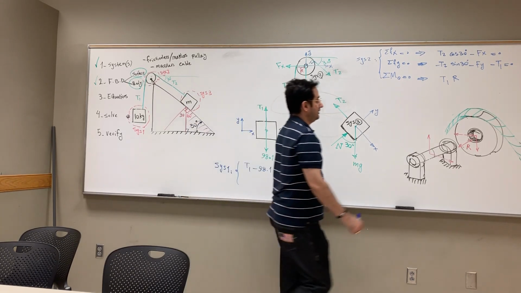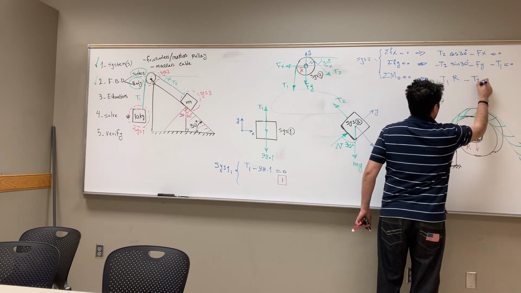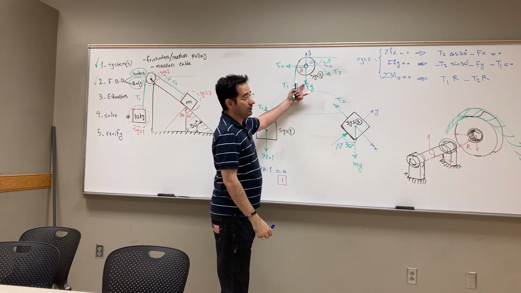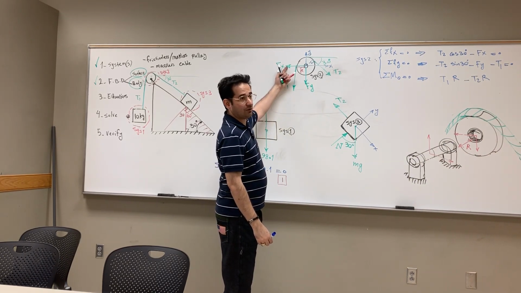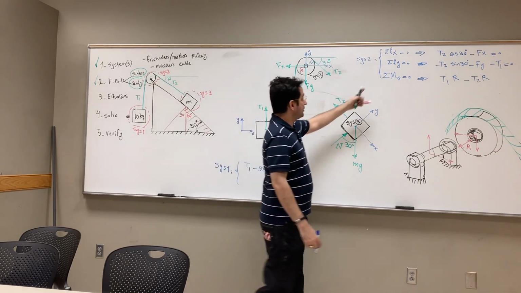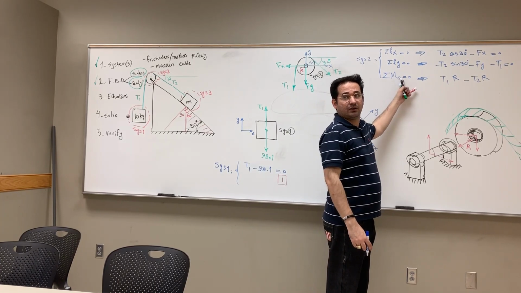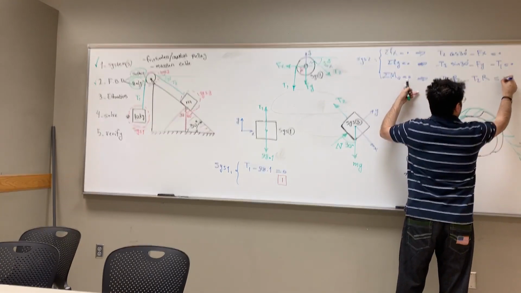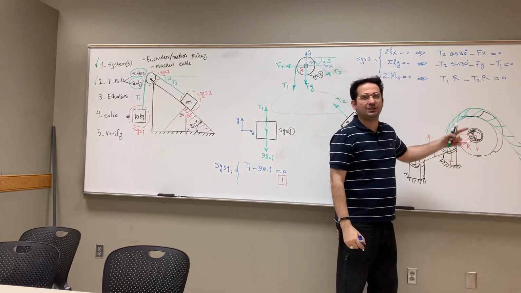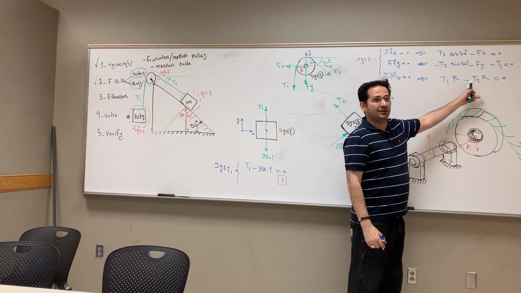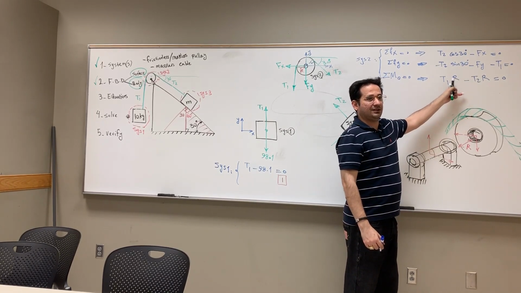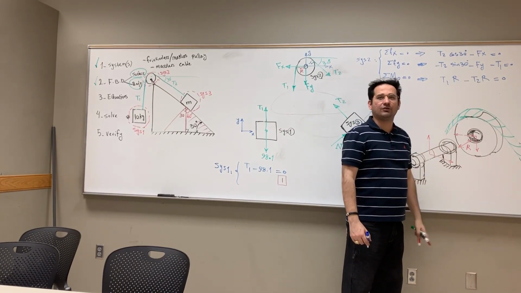Negative. Negative T2R. And these two guys, the moment is 0. They're going through the center. So I'm done. Summation of moment according to Newton's law is 0. Right? So you can immediately see, look at here, guys. What do you understand from this equation? T1 is equal to T2.